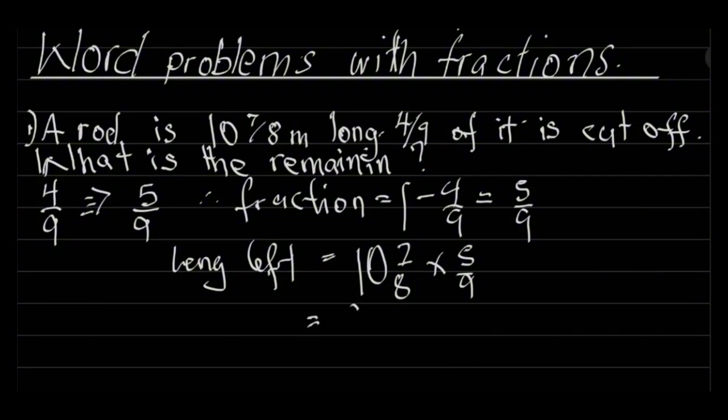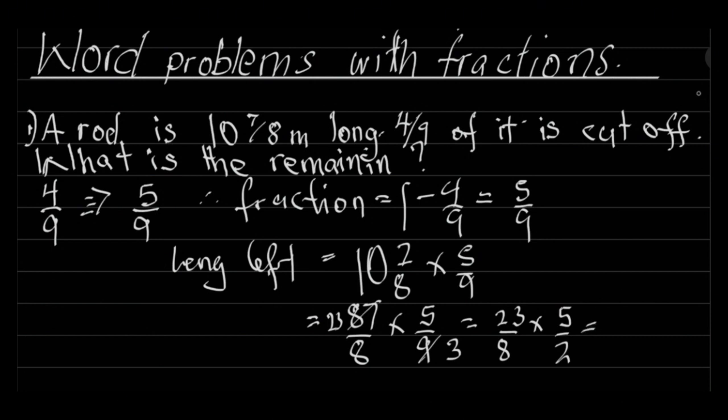So that is going to give us 87 over 8 times 5 over 9. Now 3 will go into 9 3 times. 3 will go into 87 29 times. So we are left with 29 over 8 times 5 over 3.